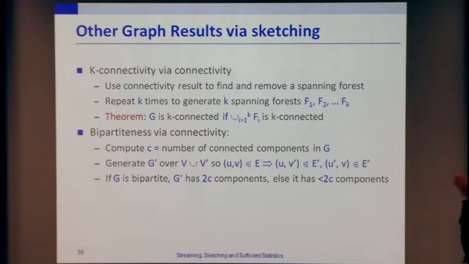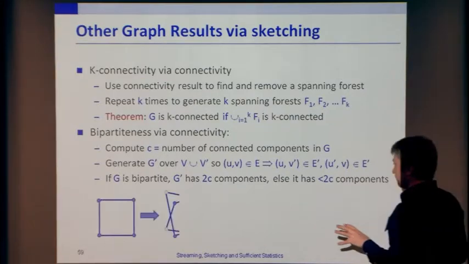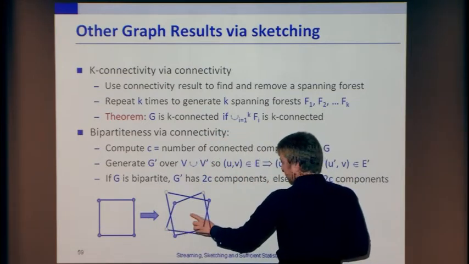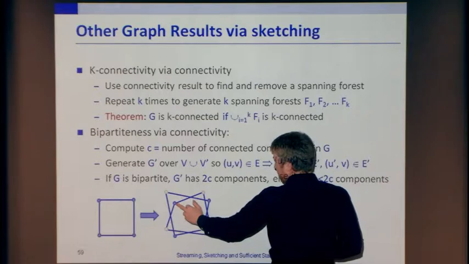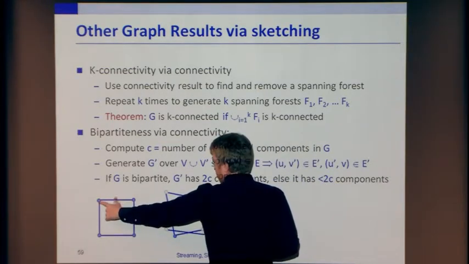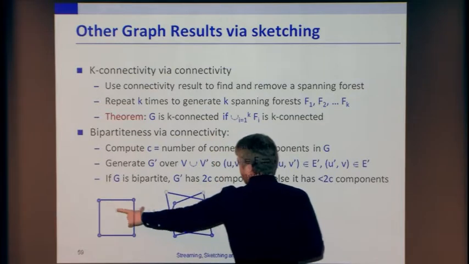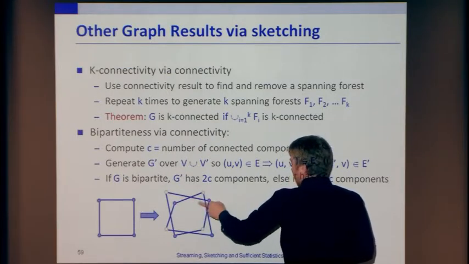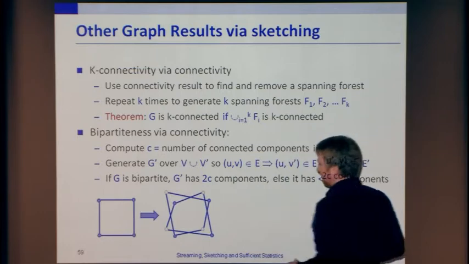There's another nice reduction that says if we can understand the number of connected components, then we can understand connectivity. Essentially what we do is this little trick. We take our graph and we create a new graph with nodes and shadow nodes, so that every edge in the old graph that connects two nodes is represented in the new graph as an edge that connects that node to its partner's shadow and vice versa.